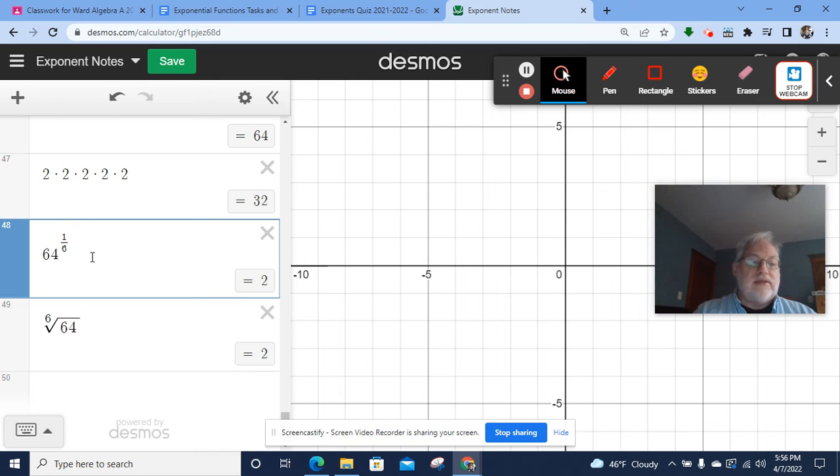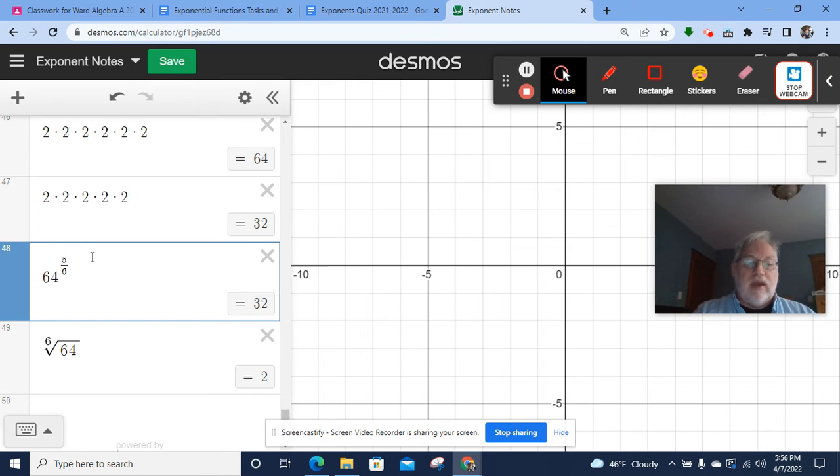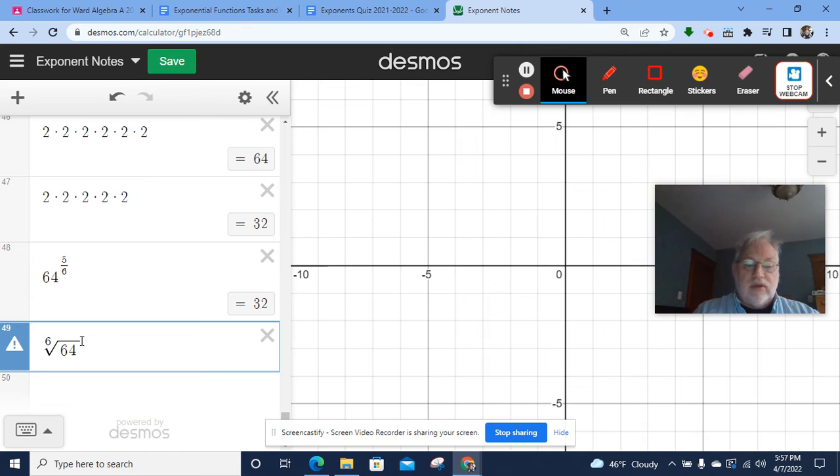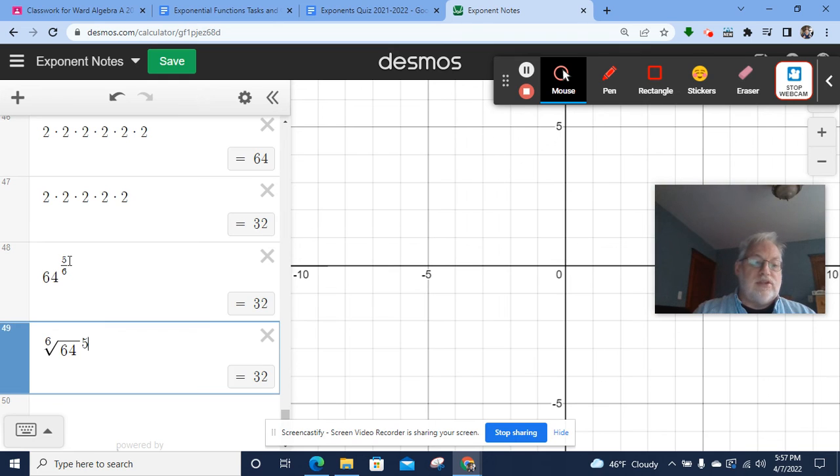Let's say we had 64 to the 5/6. Remember, we got 32. Well, I can put that 5 as an exponent of this whole expression. I can put it outside and I get 32. These are the same notation. This 5 is the exponent, the power that I'm raising it to, and the 6 is the root that I am taking it down to.